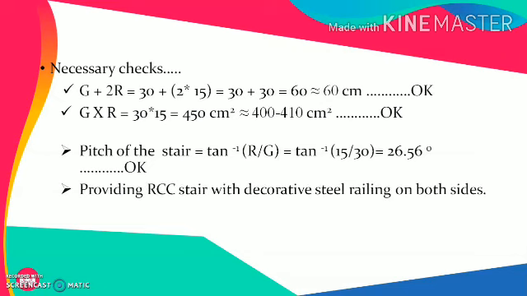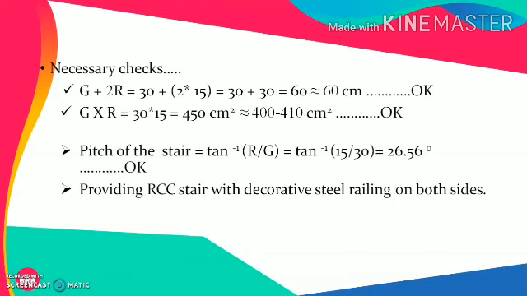So we'll provide the RCC stair with decorative steel railing as it is provided in a mall, and it will have a high rush. So it's better to provide a strong stair in the form of an RCC stair, as it is a single flight stair and will be provided somewhere in the middle of the overall mall, to be centrally accessible.